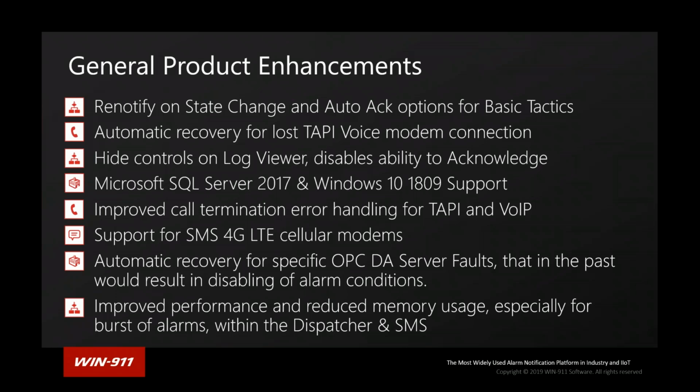That would be a server fault that does come back and tells us this alarm does not exist. So that's actually been an improvement. We noticed other issues from that, where we thought we were losing connection to an OPC server, and that ended up being the case: there were these server faults coming through that we could recover from. So happy to get that change in. That was recent, I believe maybe in the 3.19.5 release.